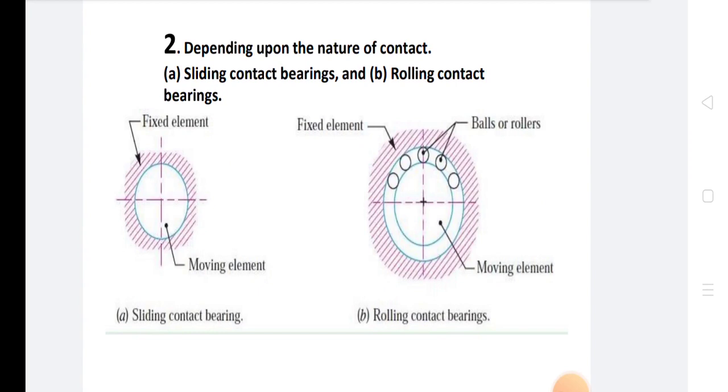Now we discuss the radial bearing. In the radial bearing, the load acts perpendicular to the axis of the shaft. The radial force Ft acts in the radial direction over the circumference of the bearing element.